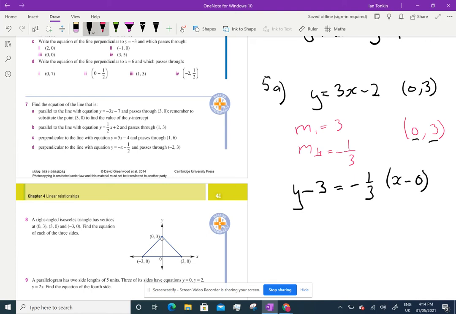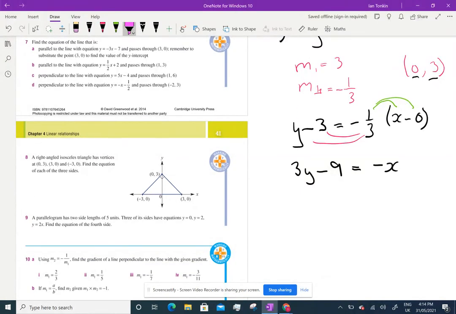I'm going to multiply the 3 across here. I'm going to multiply the negative 1 over here. So I'm going to get 3y minus 9 equals negative x, and that's 0. The x is negative, so I'm bringing it over to the other side, and I'm going to get x plus 3y minus 9 equals 0.